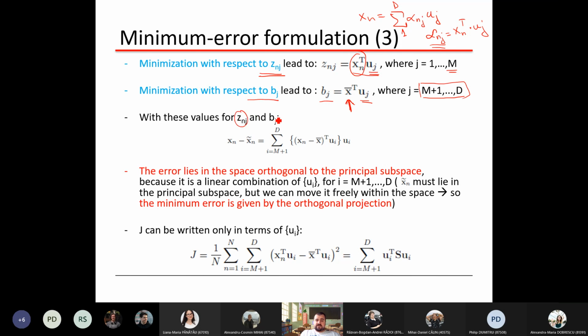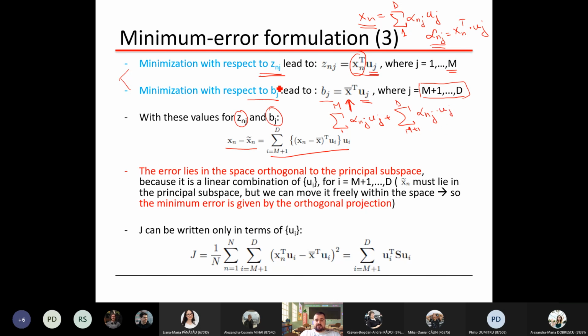Having these values for z_nj and b_j that were obtained using the minimization, it means that the error, or the difference between xn and its projection xn tilde, will be in fact this formula. Because when we have the exact value of xn that is given here, it means that we have the summation from 1 to m of alpha_nj u_j plus summation from m plus 1 to d of alpha_nj u_j.